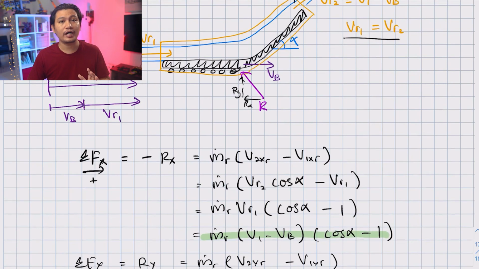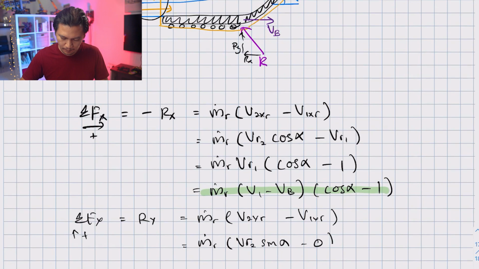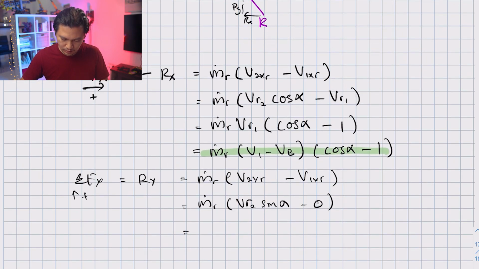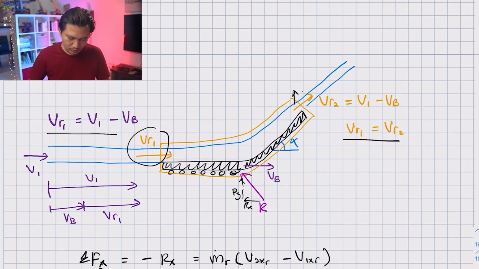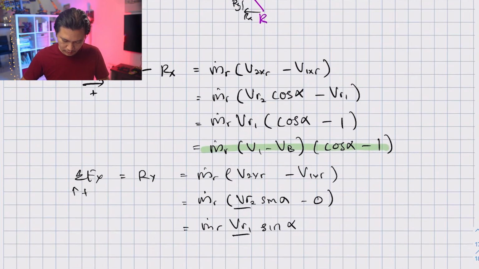There is no y direction at point 1, so this is minus 0, and this is equal to m dot r. So VR2 is equal to VR1 sine alpha, and VR1 is equal to V1 minus VB. So this is m dot r times V1 minus VB times sine alpha.